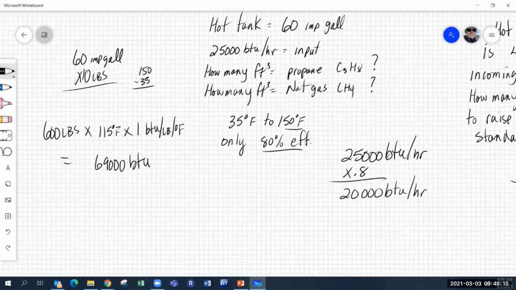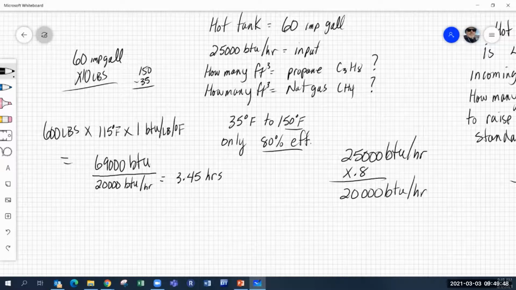So now I can find out how many hours that is by taking my amount of heat required to get to that temperature, divide it by 20,000 BTUs per hour, and that will give me, I think, 3.45 hours. So that's how long it takes to heat that water.